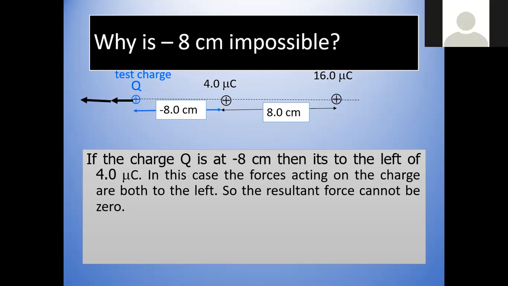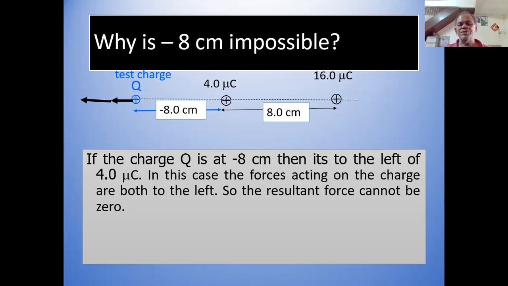Sorry, I was just trying to help you see that together, you cannot get a resultant force of zero at minus 8 cm. It must be between the charges, then you can get no resultant force. So the objective is to get no resultant force. It doesn't matter whether the charge is positive or negative.